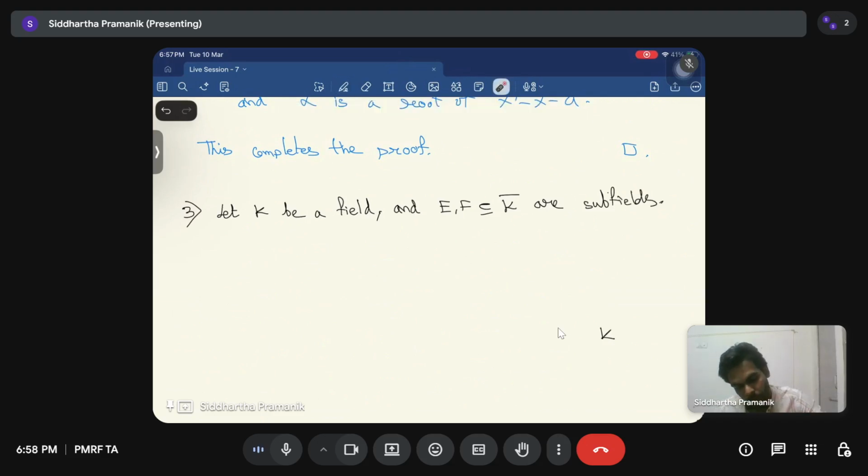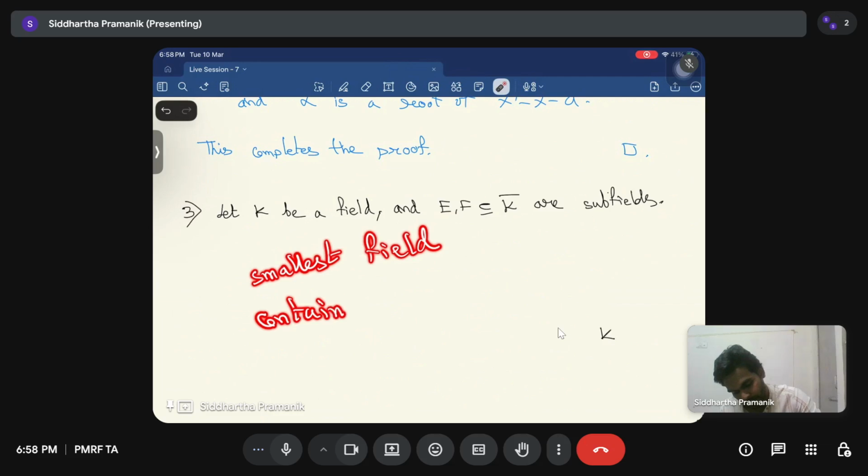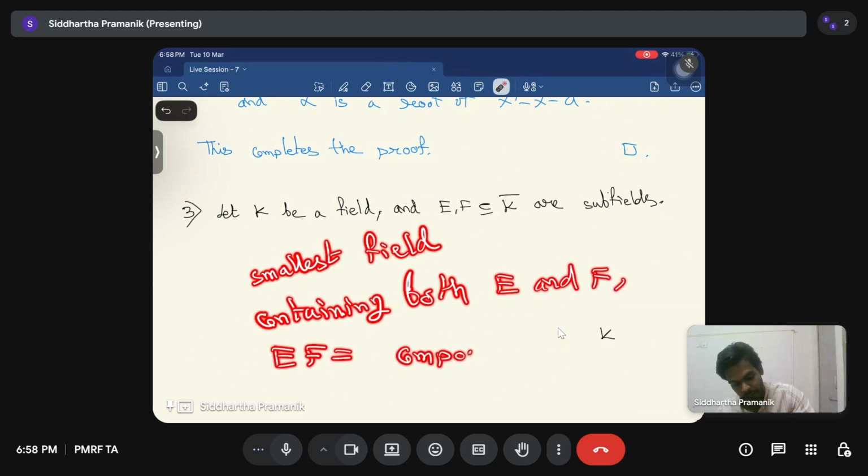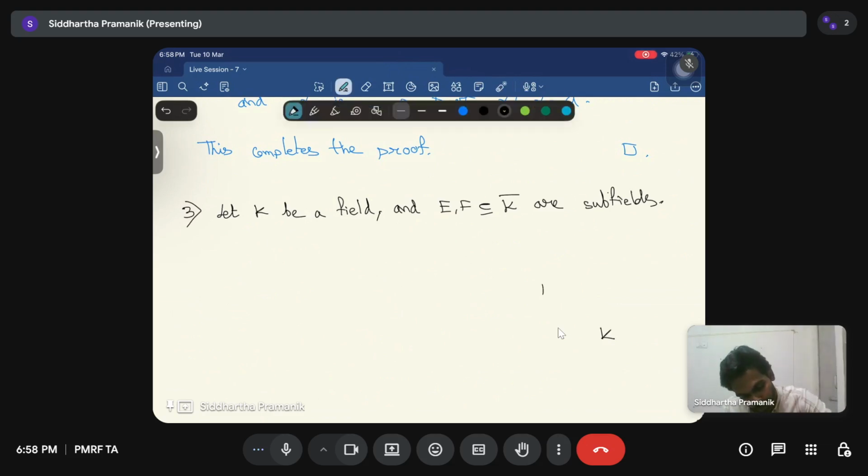Right? Now, since E and F are subfields of a bigger field, we can talk about the smallest field which contains both E and F. This is denoted as E times F. This is the composite of E and F. So this is the definition: the smallest field containing both E and F. So we have E here and we have F here, and we have E intersection F here.